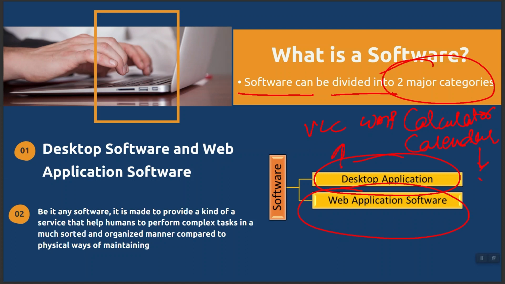But contrary to that, web application softwares are hosted over a world wide web network. Now, how interesting is that? You are sitting and creating a software which will be available to be accessed by the whole world.